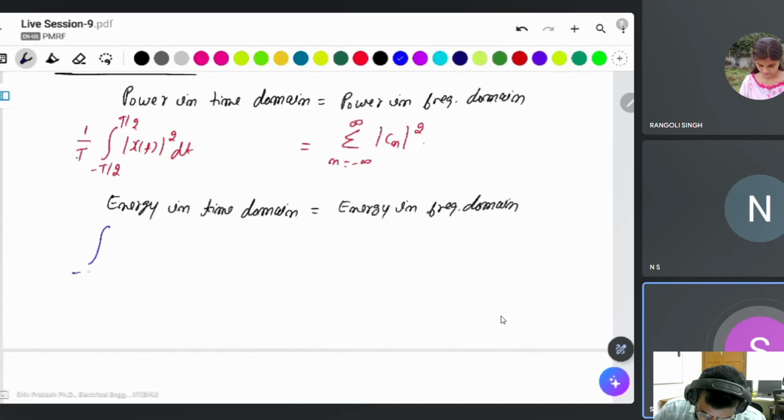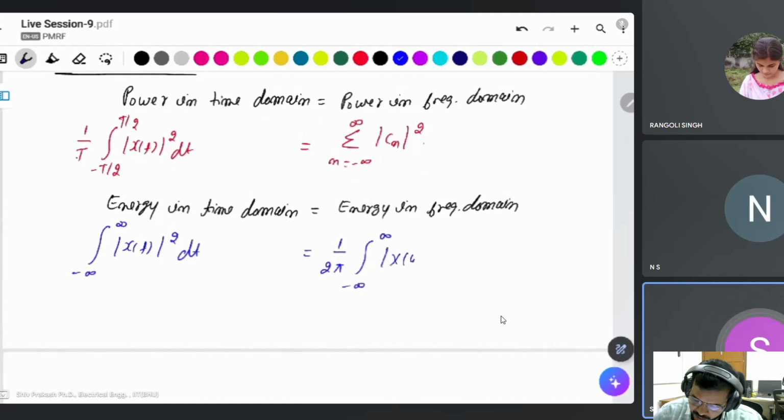It means the integration from minus infinity to infinity of mod of x(t) squared dt. In this, because the time period cancels out, this will be 2 pi: you have to multiply by 1 by 2 pi, integration from minus infinity to infinity in the frequency domain, d omega, integration with respect to the frequency.